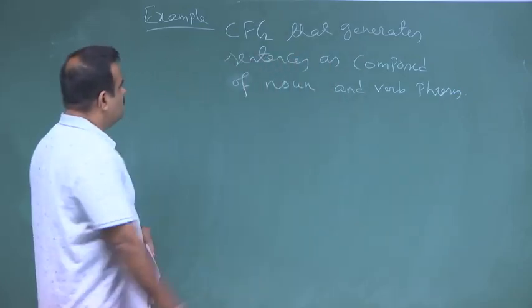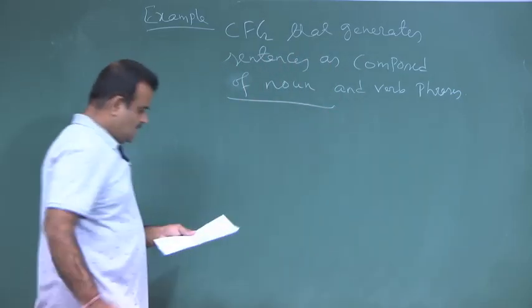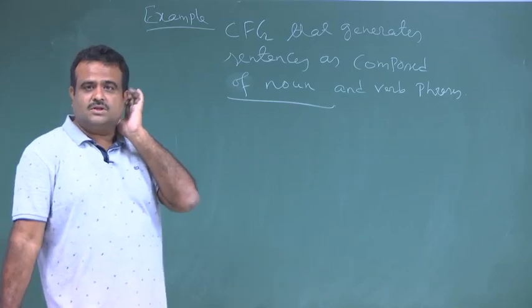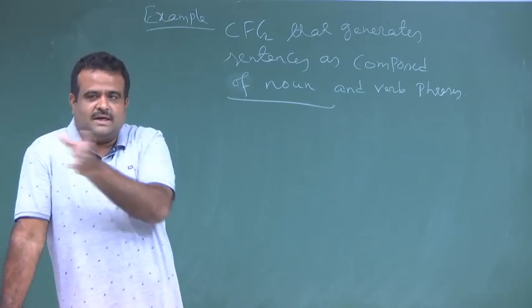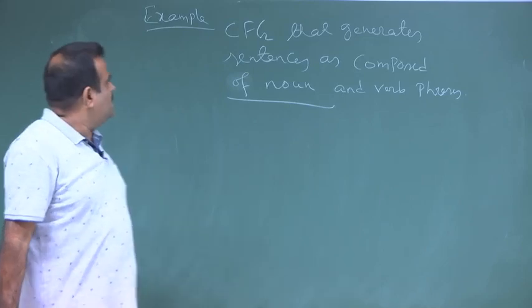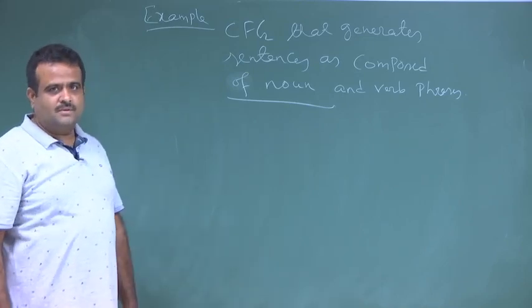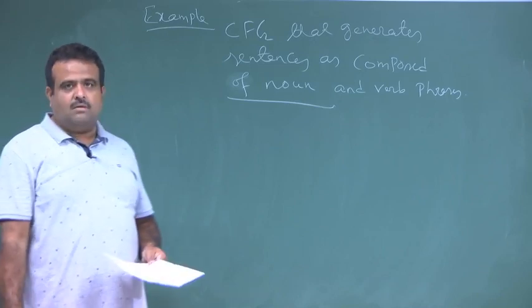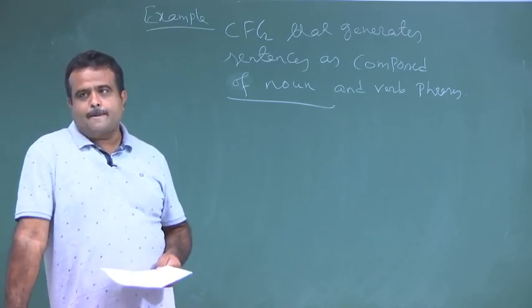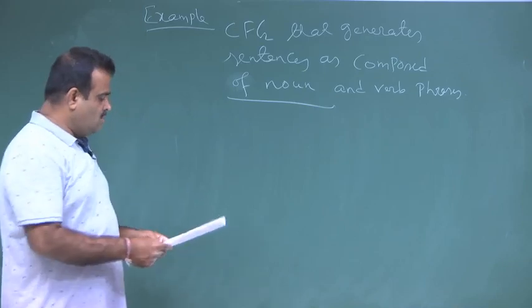Okay. So, we are looking for a grammar which gives us English sentences composed of nouns and verbs, like the bird sings the song. Okay. So, how to do that?